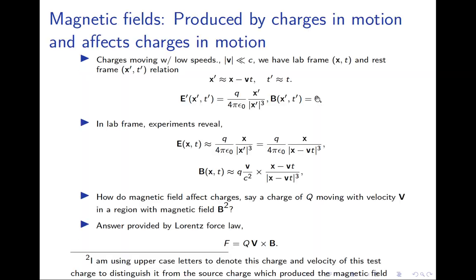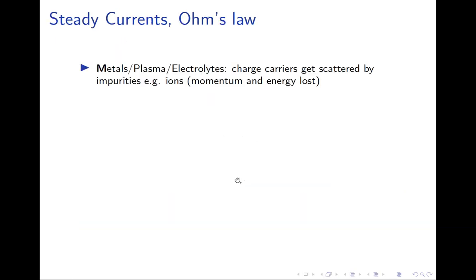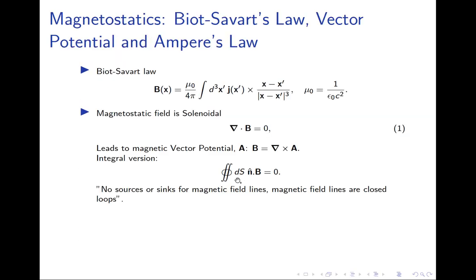Actually, there might be a mistake. There must be an epsilon naught here, which I forgot to write. Okay, so there might be a 4 pi epsilon naught here, which I missed. Yeah, the 4 pi is there, and then the epsilon naught and c square gets combined into this quantity.